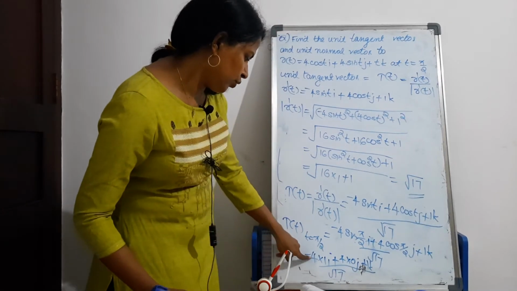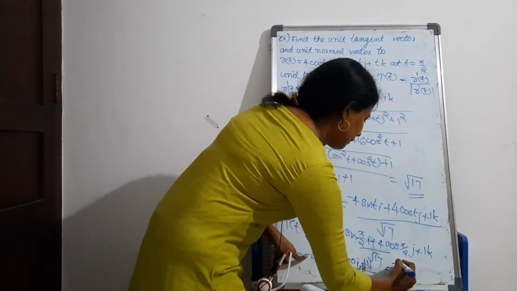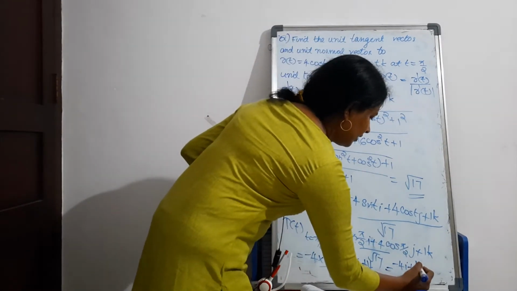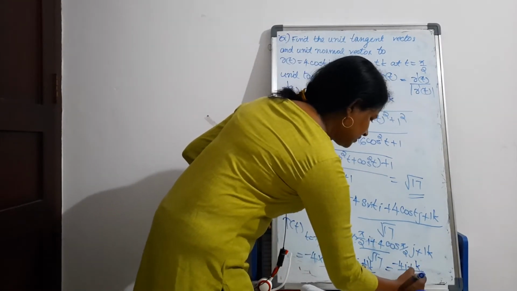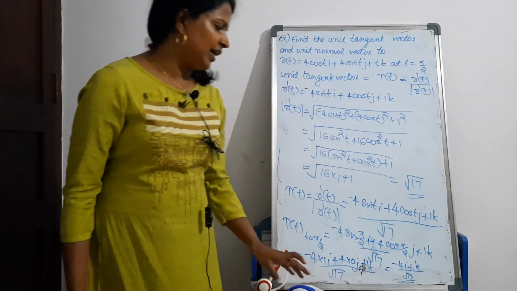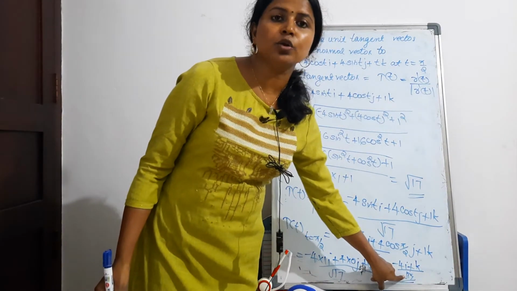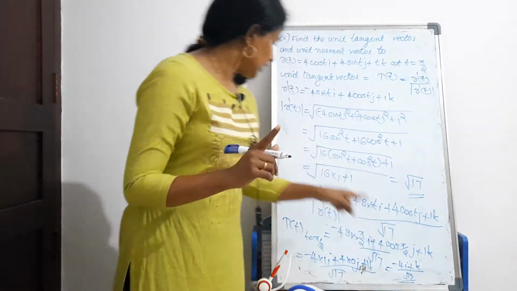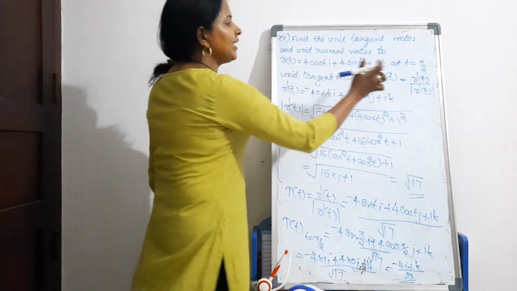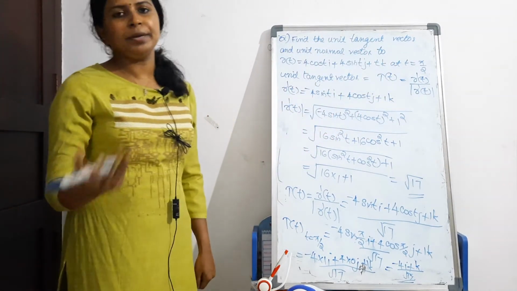That is equal to minus 4i plus k divided by root 17. This is the unit tangent vector at t equal to pi by 2.